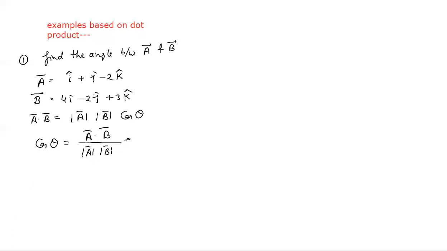So what is the value of A dot B? What is the value of mod A? What is the value of mod B? First of all, we calculate all the values. A dot B: if we multiply A and B with the help of dot, so 4i and here is i.